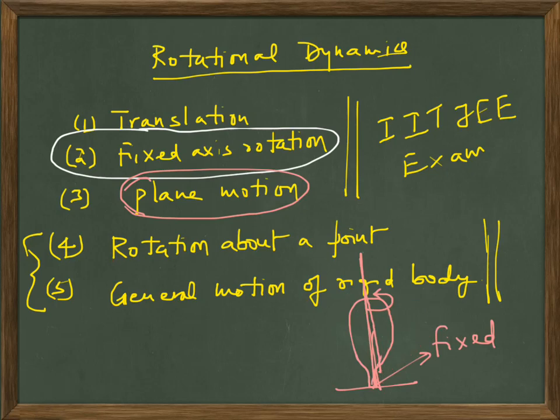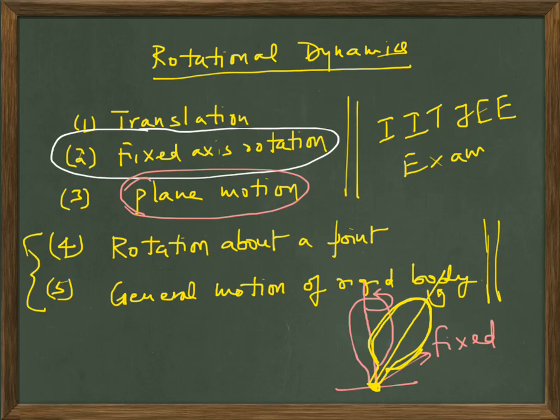At some point the top would be, this is the axis. Then at some other point the top would be like that. Now the axis is this, but you see the bottommost point is not moving, and the top is rotating. So this is a type of motion which comes under rotation about a point.